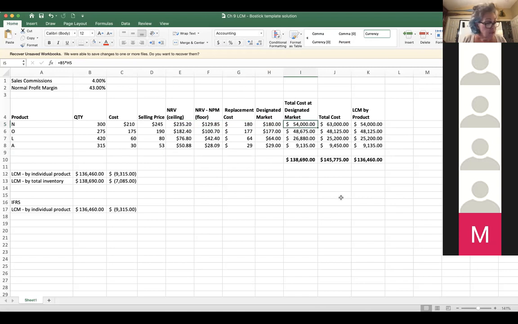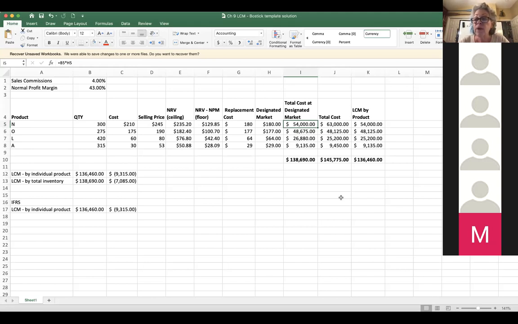Okay? So that is LCM and LCNRV. So if you had a problem that said a company uses LIFO, what amount, if any, would be written down for inventory?